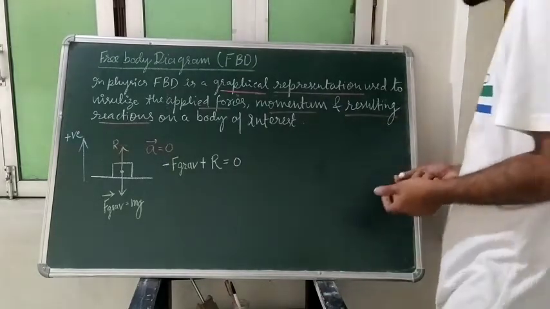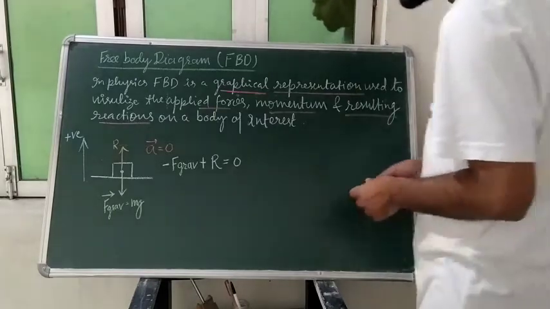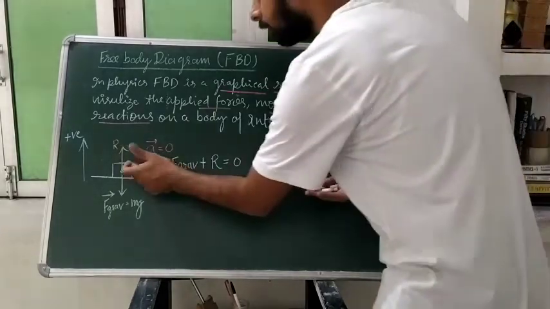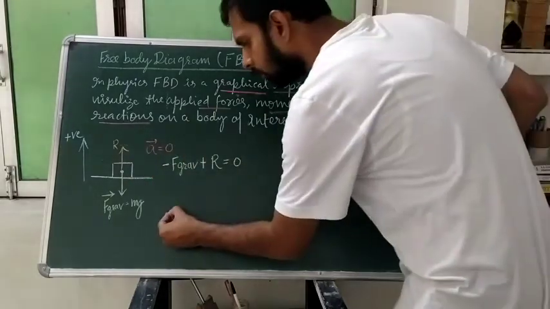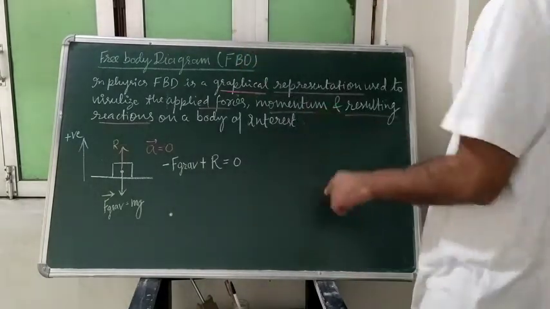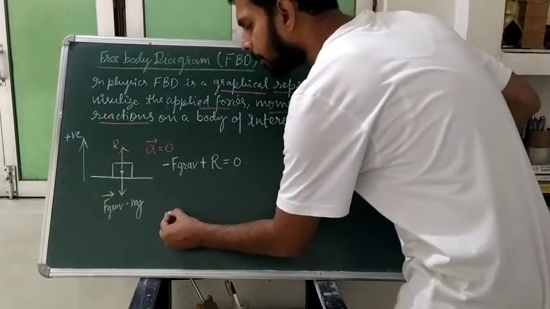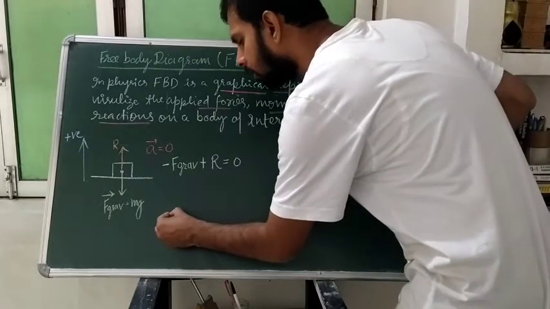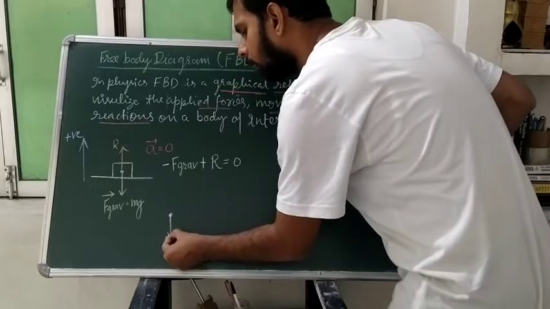Okay, so now if you are drawing this, the object or body of interest you will represent by a dot.